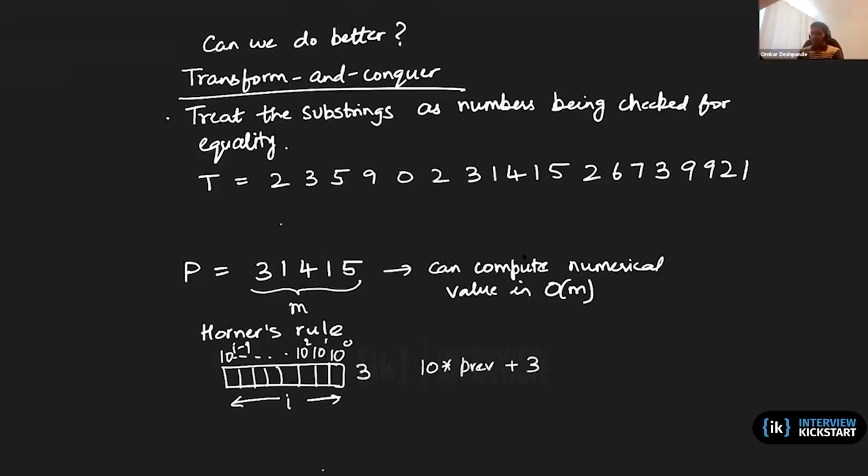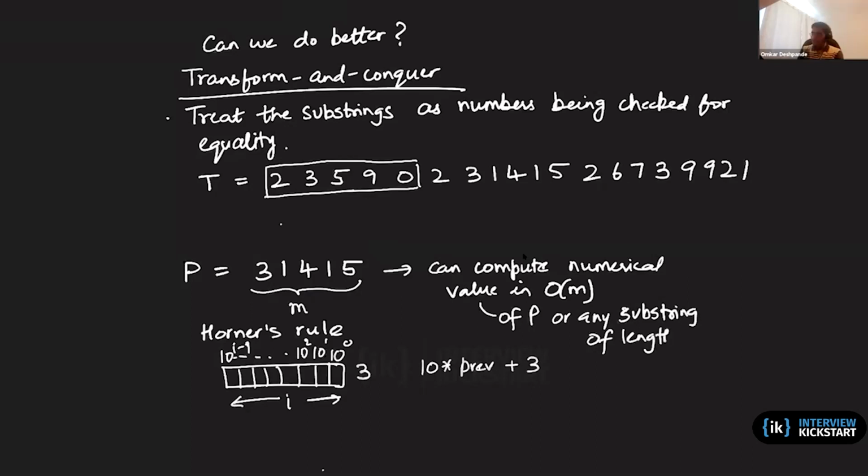If we focus on, let's say, the leftmost substring of t, or any substring of t for that matter, we can compute its numerical value also in order m time. So the numerical value of p, or any substring of length m in t.